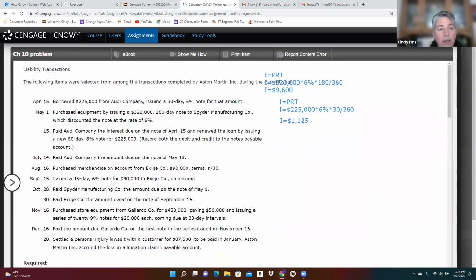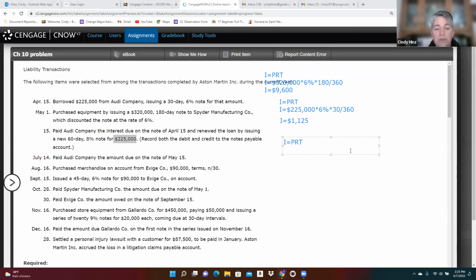Now we move ahead. So we've issued that note for another 60 days, and 60 days later, in the middle of July, we have the money now to be able to pay that note. So we still owe the full face value of $225,000, but in addition to that, we have to pay the new interest.